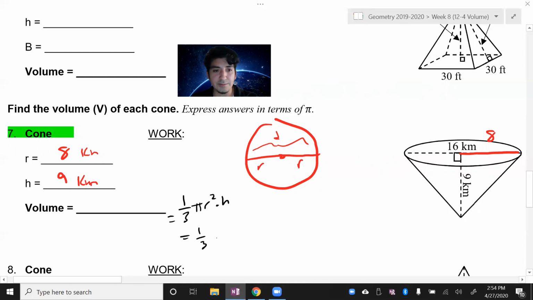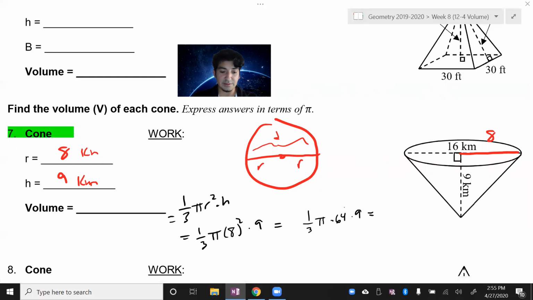So it's 1/3 pi, my r is 8, and my h is 9. That becomes 1/3 pi times 64 times 9, so 64 times 9 divided by 3 gives 192 pi.